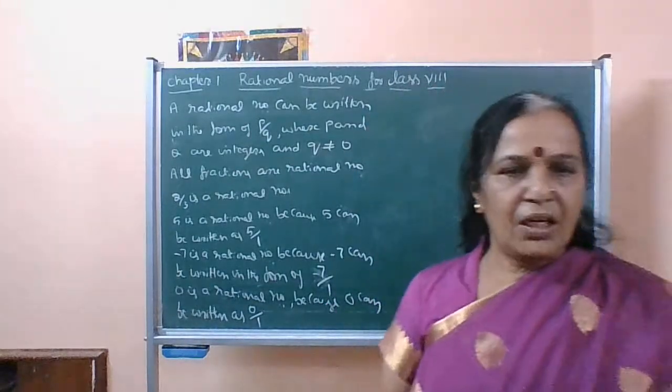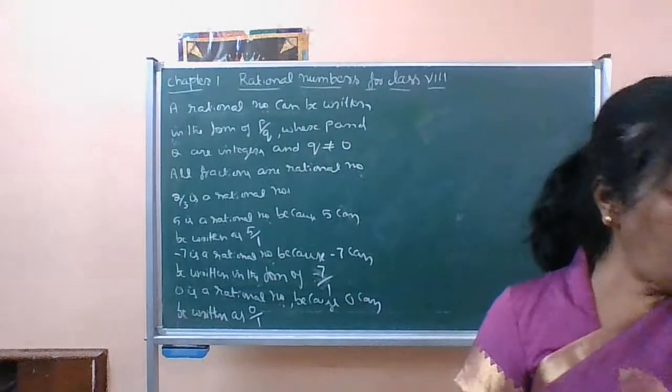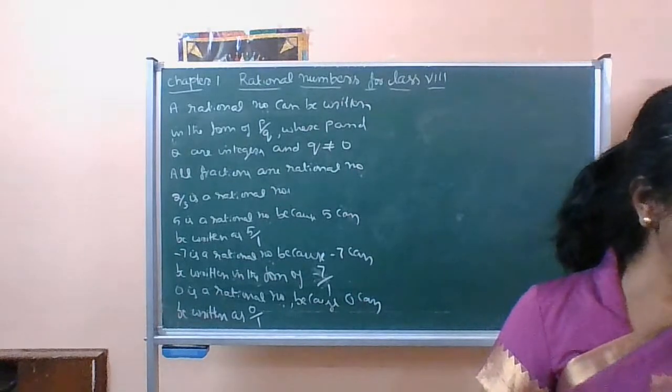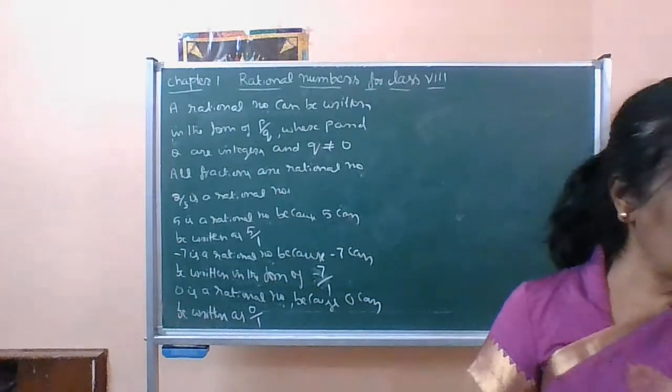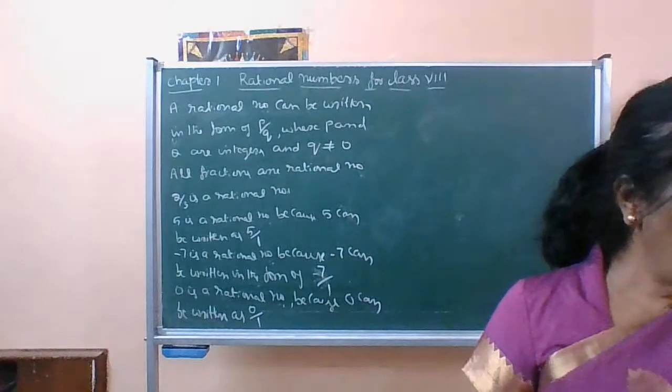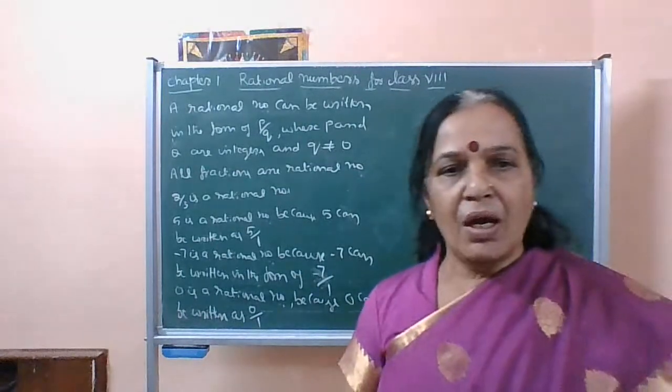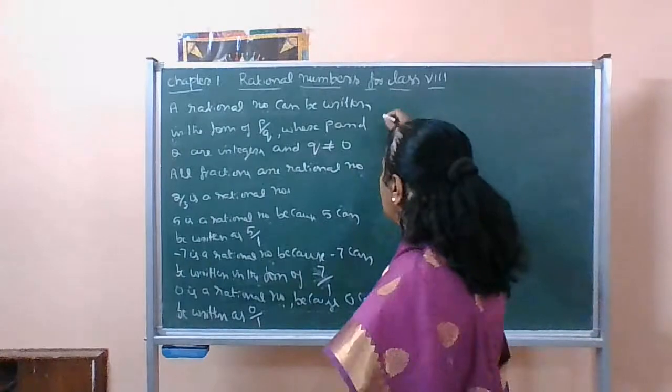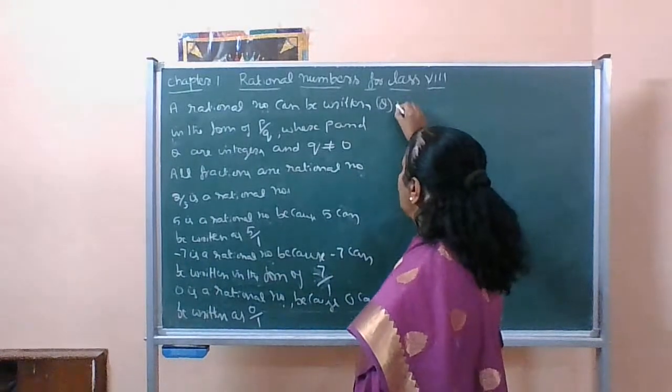There is a question from the textbook, from exercise number 1.2: mark 7 by 4 on the number line.